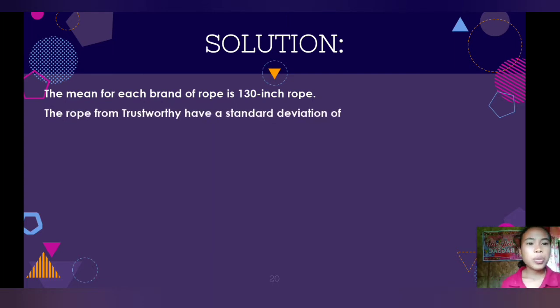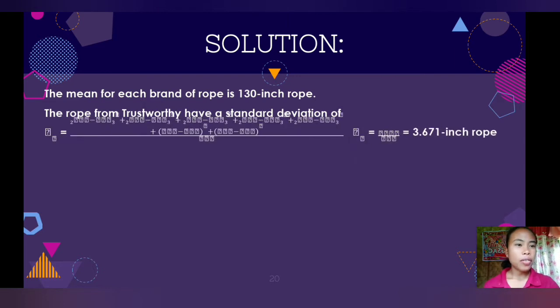The roof of the Trustworthy has a standard deviation of 3.671 inch roof. So how do we come up with 3.671 inch roof? So here is the table to further understand.